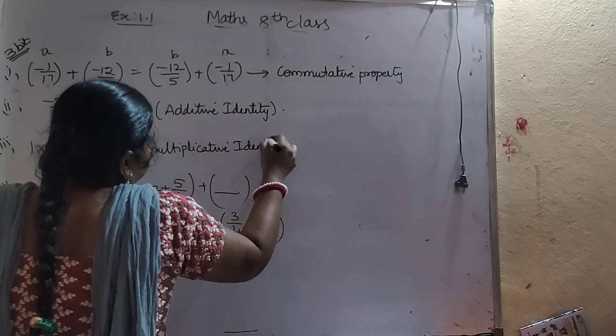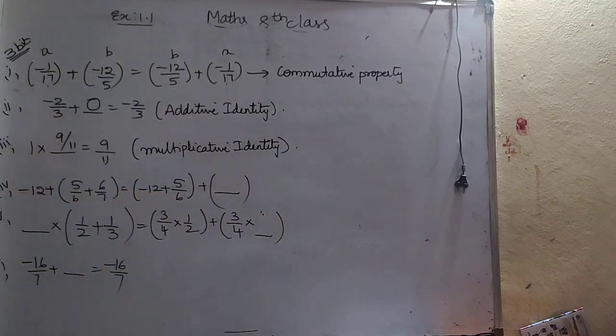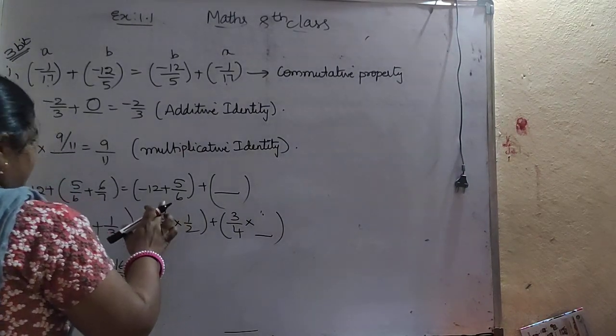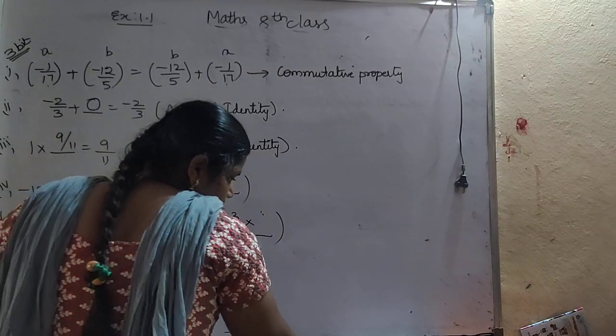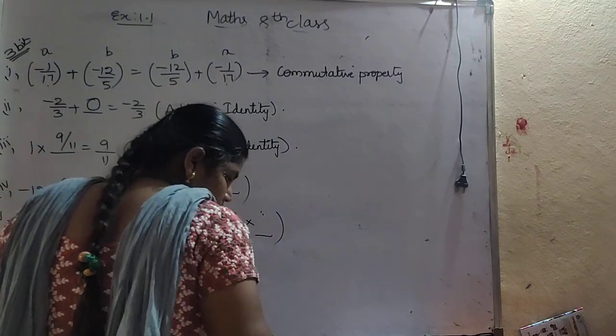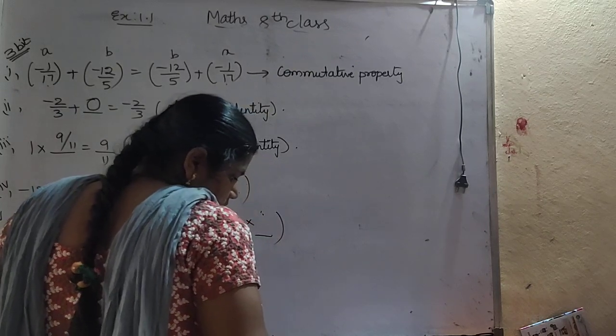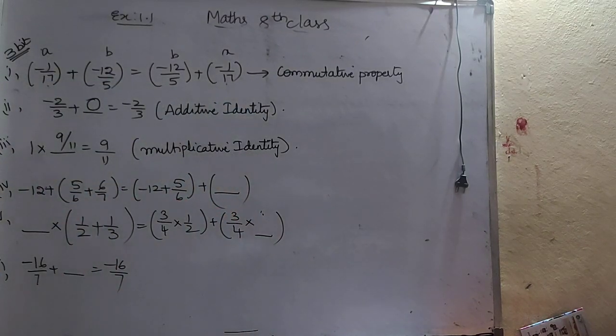Okay, next, minus 12 plus 5 by 6 plus 6 by 7 is equals to minus 12. Sorry, here it will be... so they have changed the brackets here.